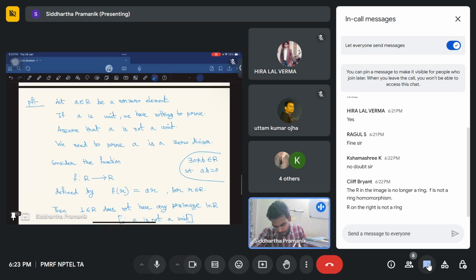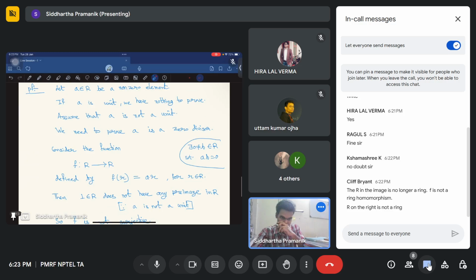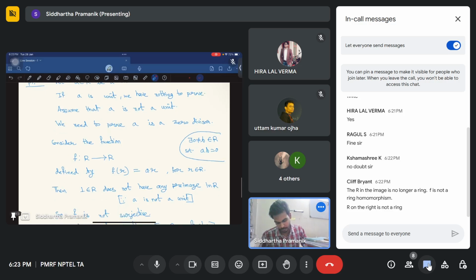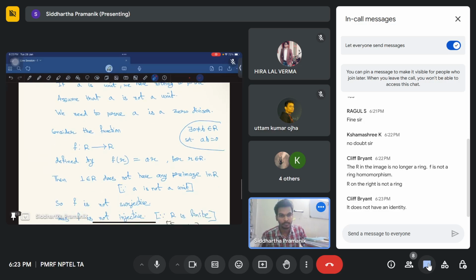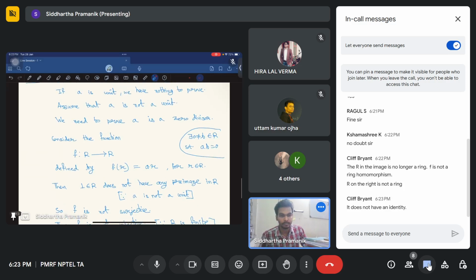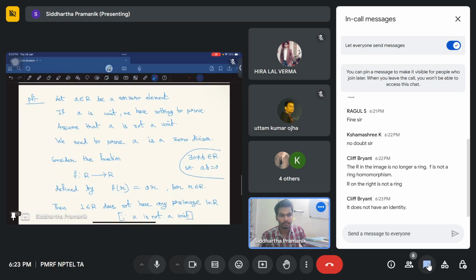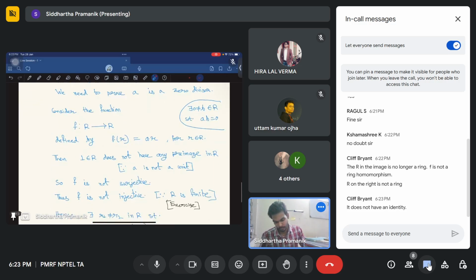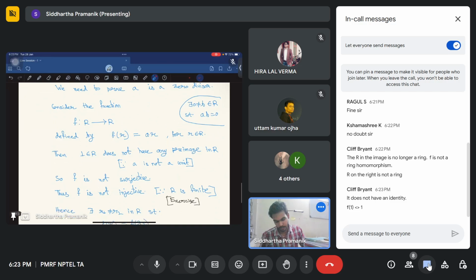No, we are taking the same R. So why is it not a ring? No, no, I am saying 1 does not have any preimage.